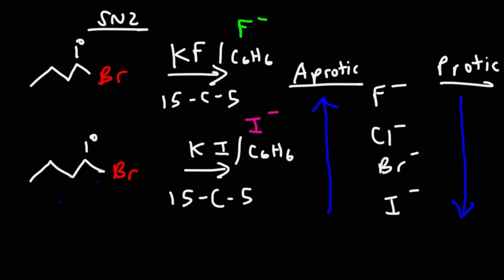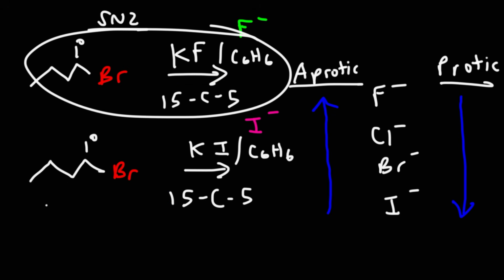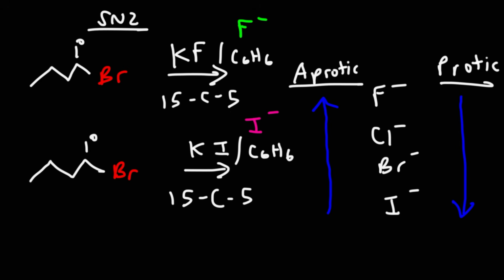So because we have an aprotic solvent, the crown ether, this one is going to be the faster reaction. Fluoride is going to be a better nucleophile than iodide in an SN2 reaction in an aprotic environment. So you need to know the difference between a protic solvent and an aprotic solvent. So to review, let's go over the difference.